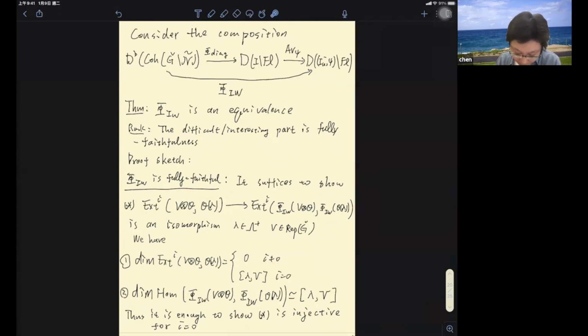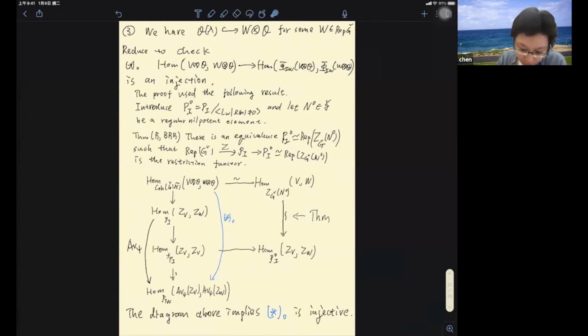If i is 0, then it's equal to the dimension of the weight space, lambda in D. So you reduce to the case when i is 0, and then the spaces on both sides have the same size. The right-hand side also has dimension equal to this weight space. Therefore, to check that this is an isomorphism, it's enough to check that this map is injective when i is 0.